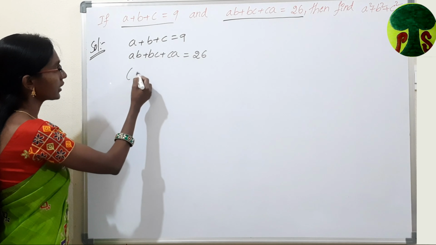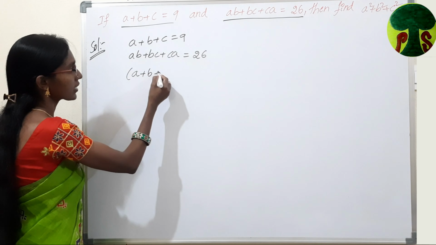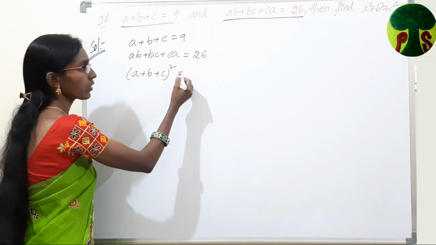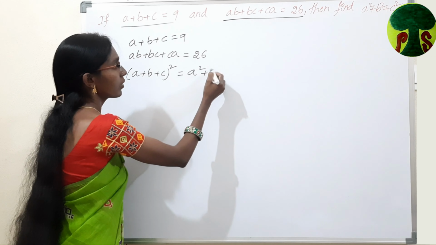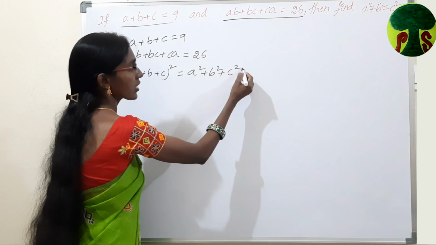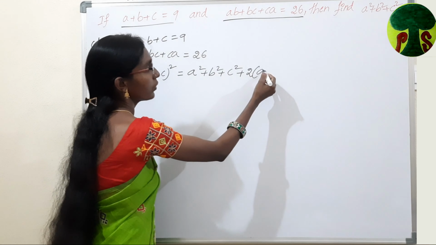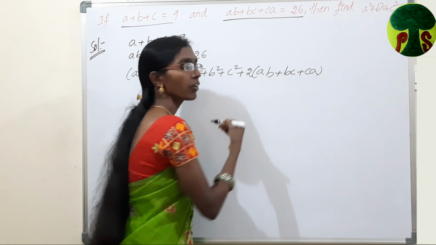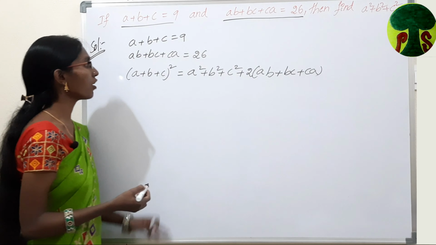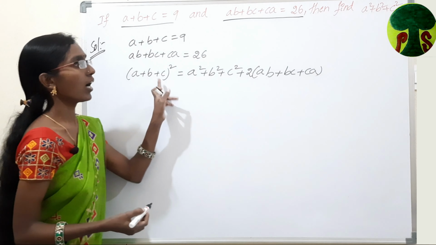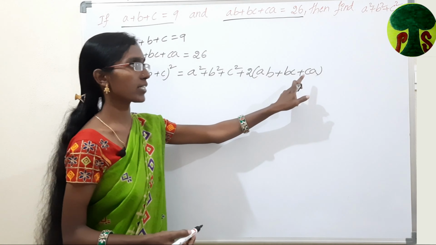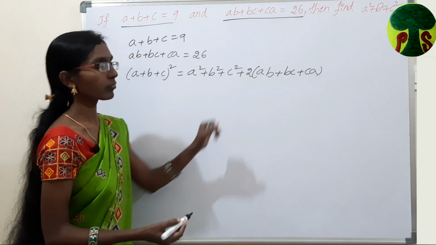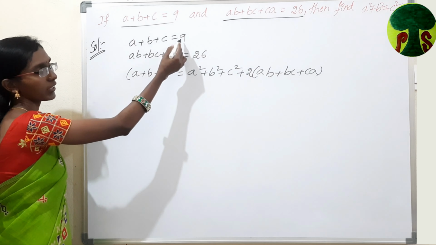According to the identity, a plus b plus c whole square equals a square plus b square plus c square plus 2 into ab plus bc plus ca. We have to substitute the value of a plus b plus c and ab plus bc plus ca here. A plus b plus c is nothing but 9.